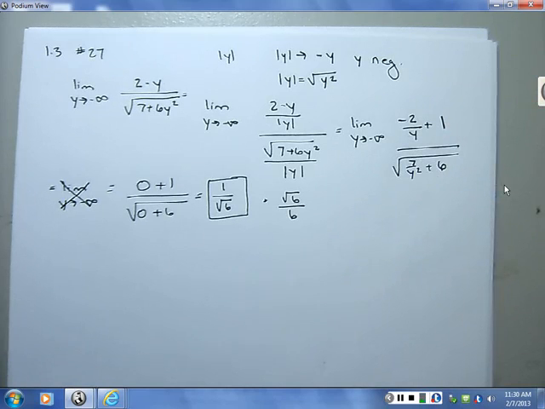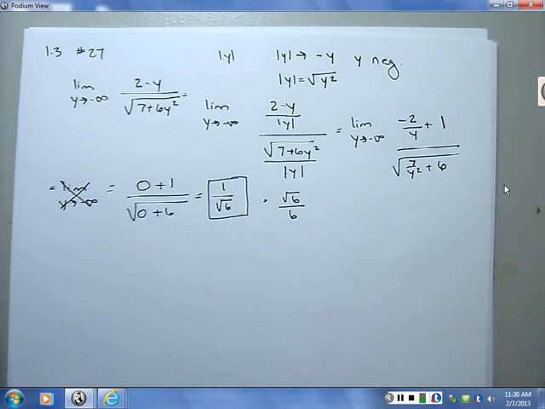Do you also factor out the minus? We're not factoring it. Here I'm replacing this with minus y, so I have 2 over minus y, which is minus 2 over y, and minus y over minus y, which would be plus 1. Wouldn't you have a problem if we divided by y instead of minus y?